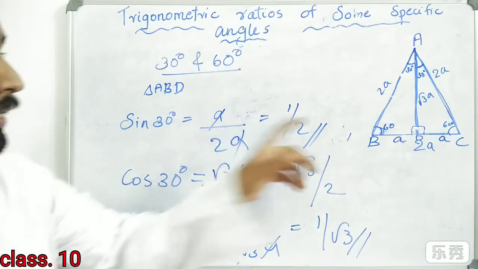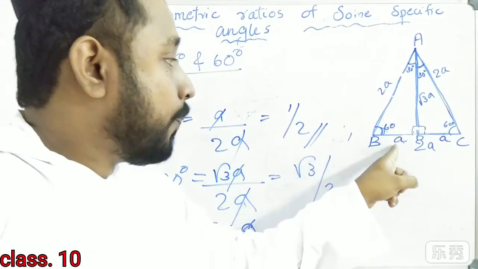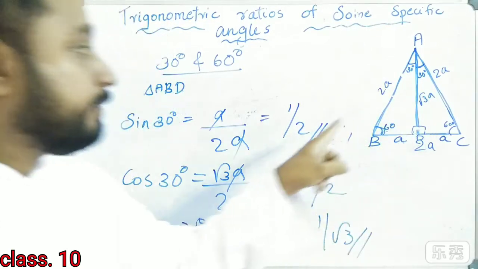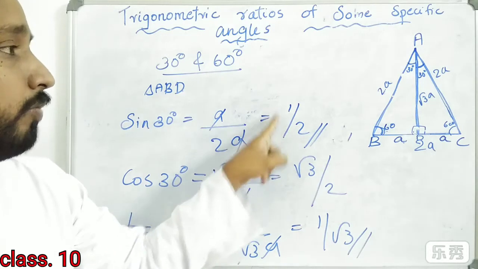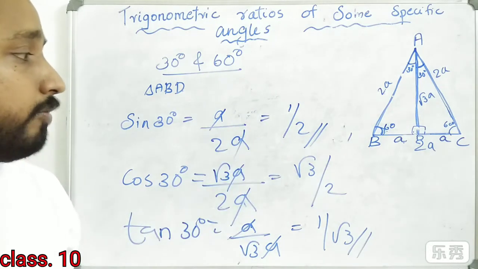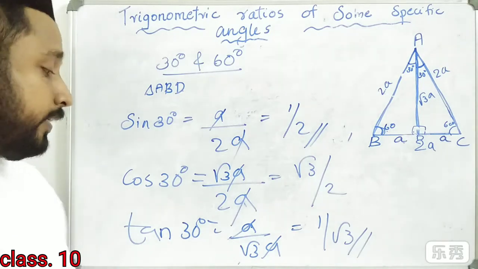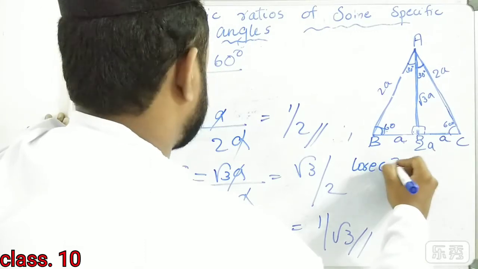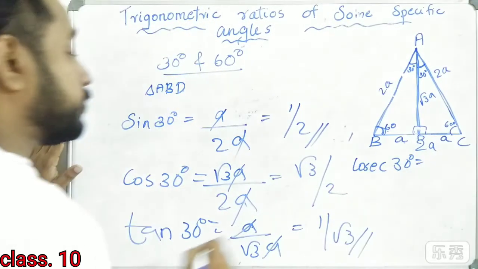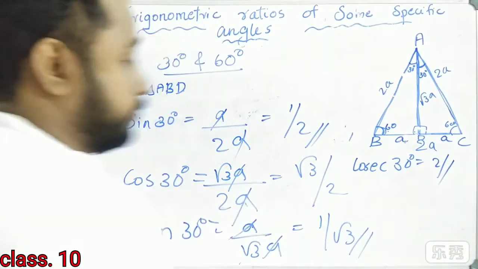Considering angle 30 degree, this is the opposite side and this is the adjacent side. Therefore this is the hypotenuse. So opposite side by hypotenuse, A by 2A, 1 by 2. Cos 30 is root 3 by 2, tan 30 is 1 by root 3. Therefore cosec 30 is the reciprocal of 1 by 2, 2 by 1, that is 2.